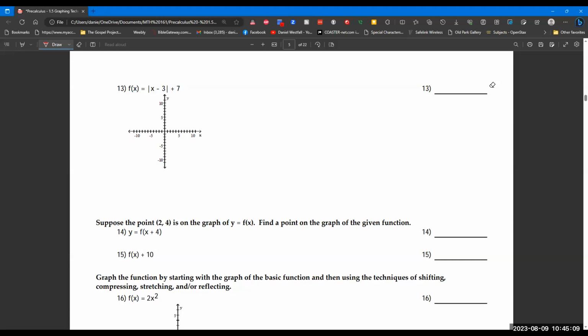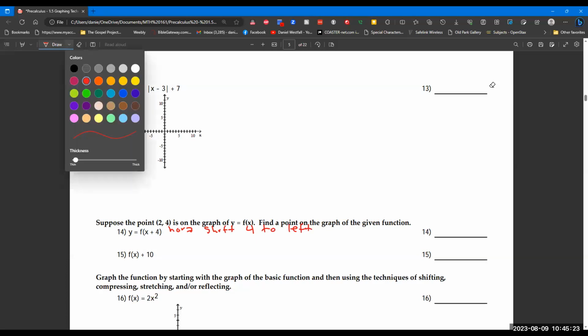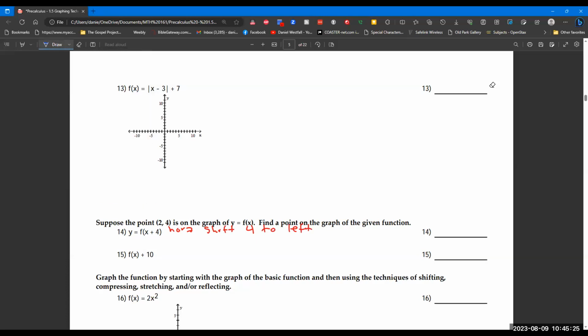That's going to be a horizontal shift of 4 to the left. So that means that my new point, if I shift it 4 to the left, is going to be -2 for x, and my y value stays the same.